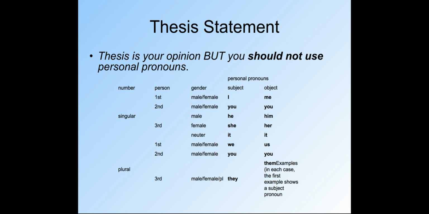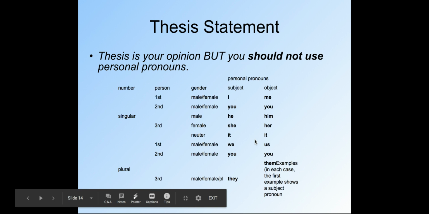You do not want to use those. You can use the words they, he, him, she, her, but you are not going to use I think, I believe, my opinion is. You're just going to say it, right? Or else you will be getting diapers or Depends of some sort because you will be peeing on your essay, and that's embarrassing because you're in high school.